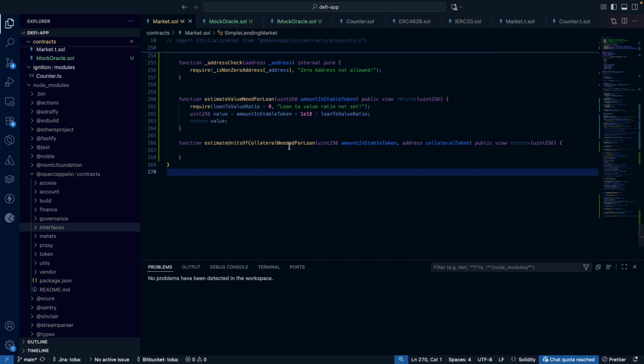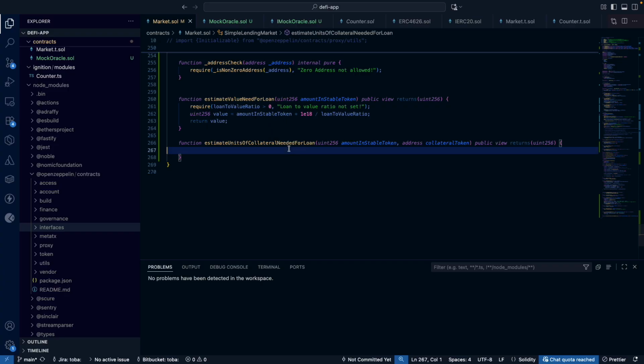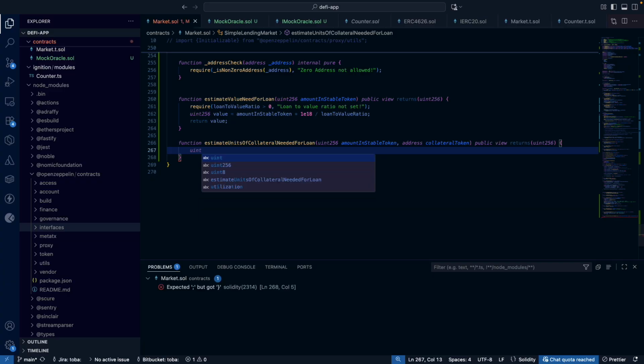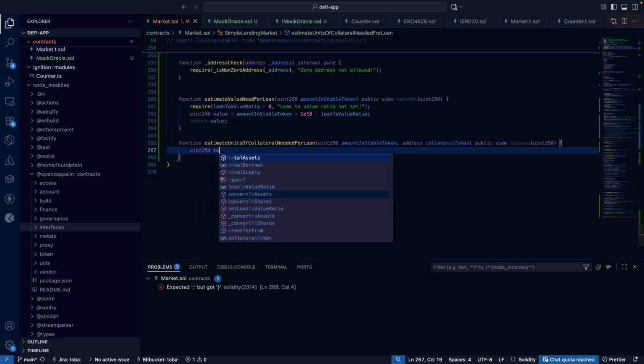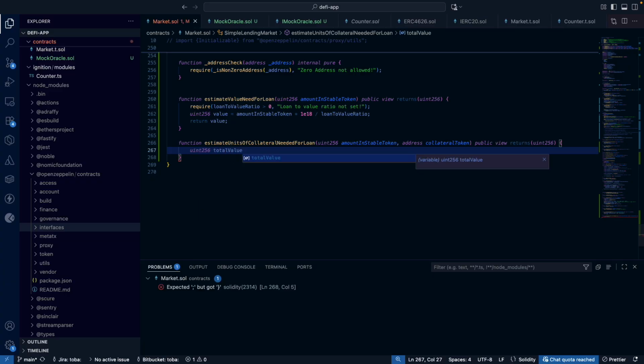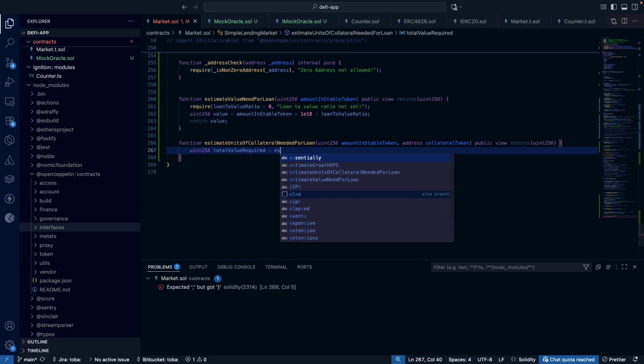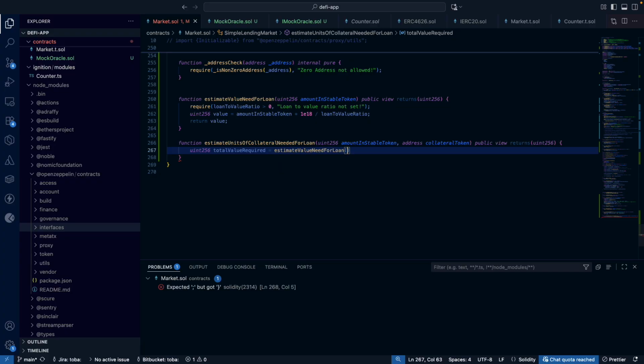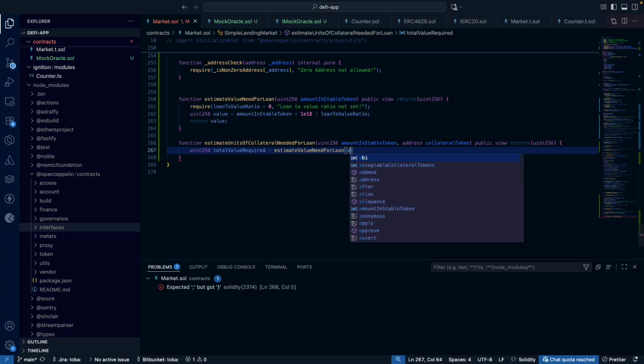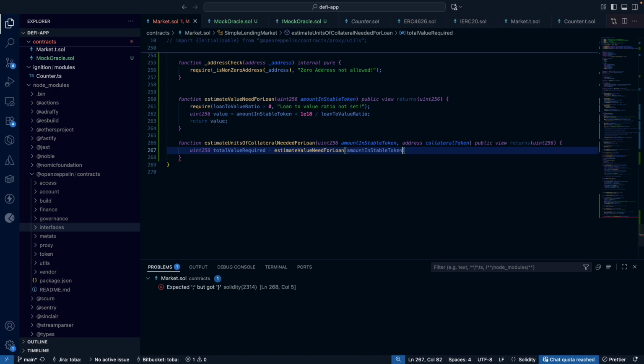Estimate units of collateral needed for loan. The first thing is we need to estimate the value needed for loan. So uint256 total value required is estimate value needed for loan, then you pass in amount in stable token.